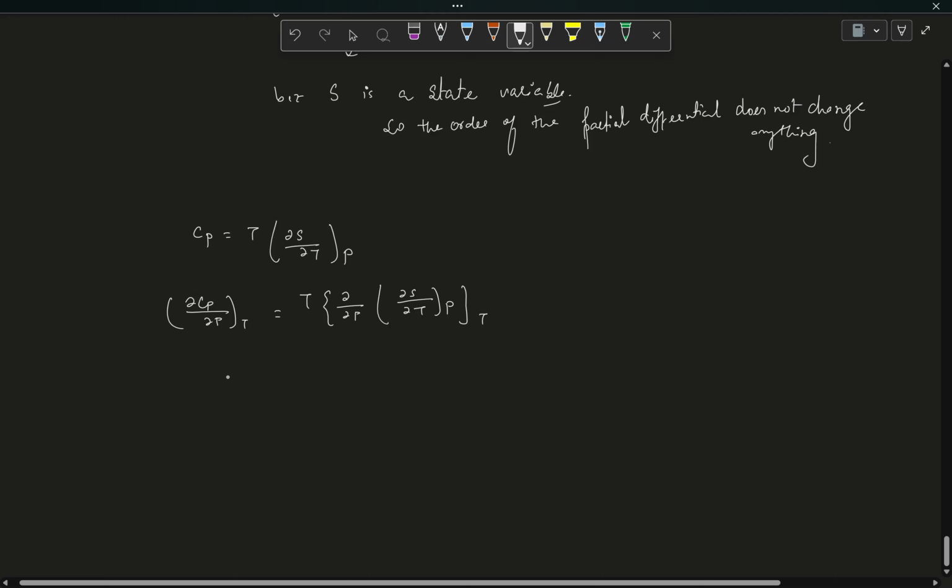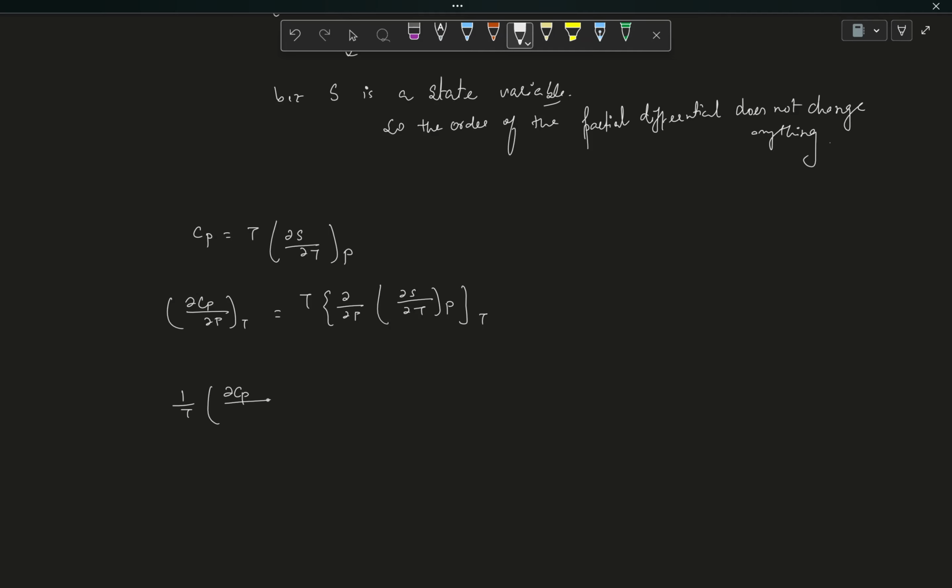So now you have one by T del Cp by del P at T constant. So this T comes to the left hand side.